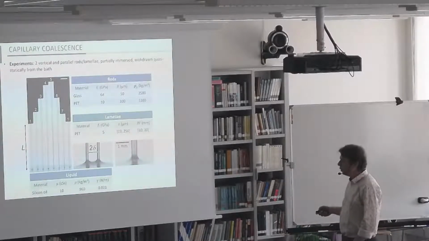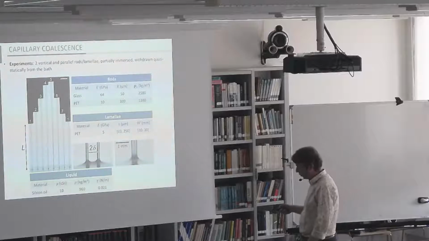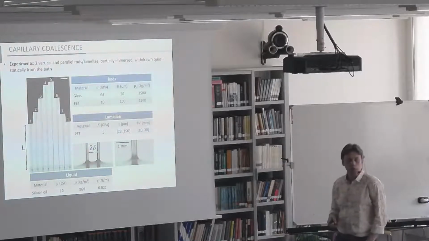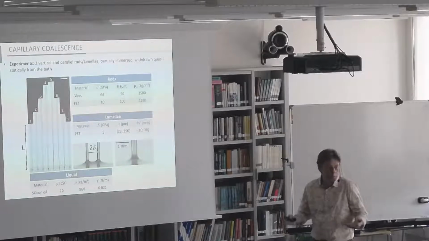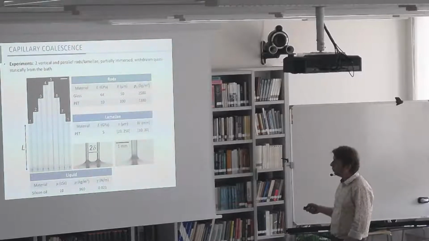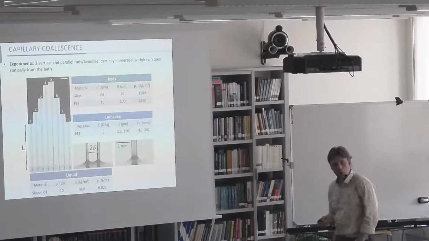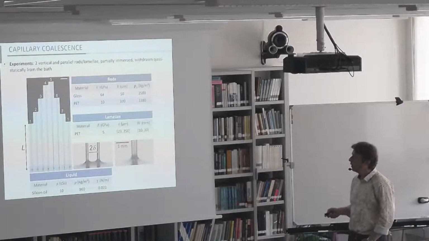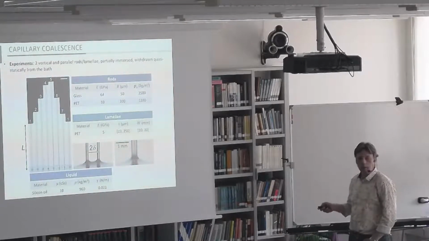And for the liquid, we use silicone oil with these values for the viscosity, density, and surface tension. We also change the viscosity because this is quasi-static. It does not play a role. And now what you can do experimentally is to measure the distance between the two structures at the air-liquid interface, that we call 2 delta, as a function of the dry length.